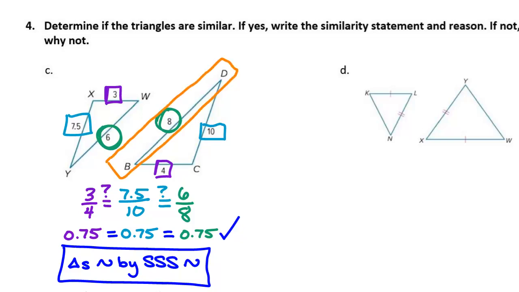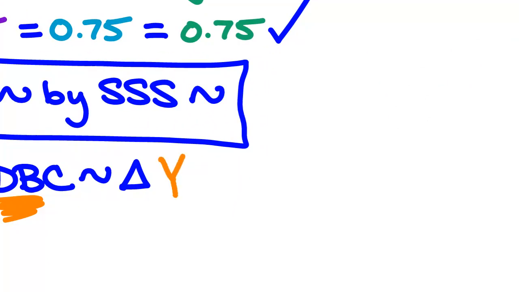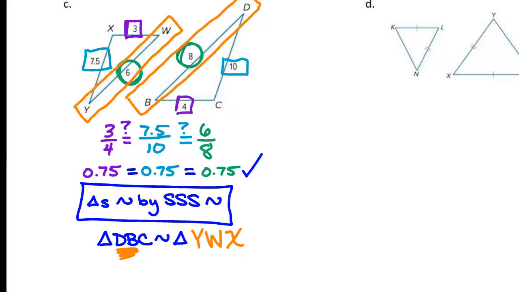What did that correspond to on the other triangle? YW. Those were the corresponding sides that we made a fraction out of. So Y and W have to be my first 2 letters. Which one should come first, the Y or the W? Y. So this is going to be triangle YWX. I want to show you why it has to be that way by looking at the second two letters.